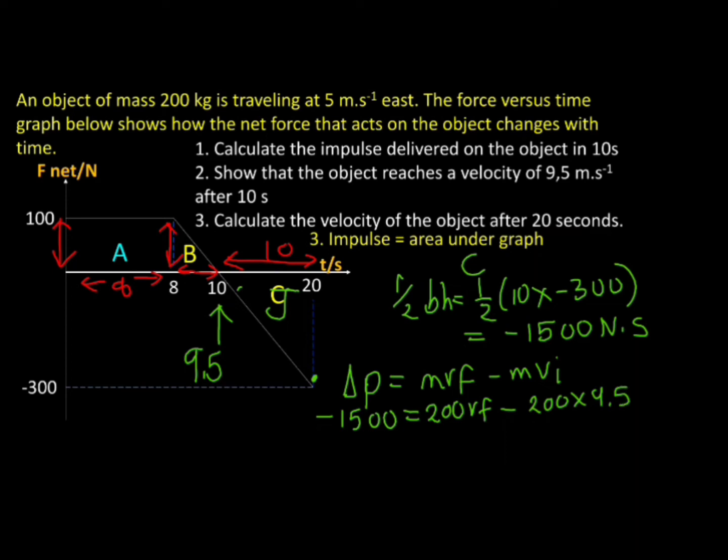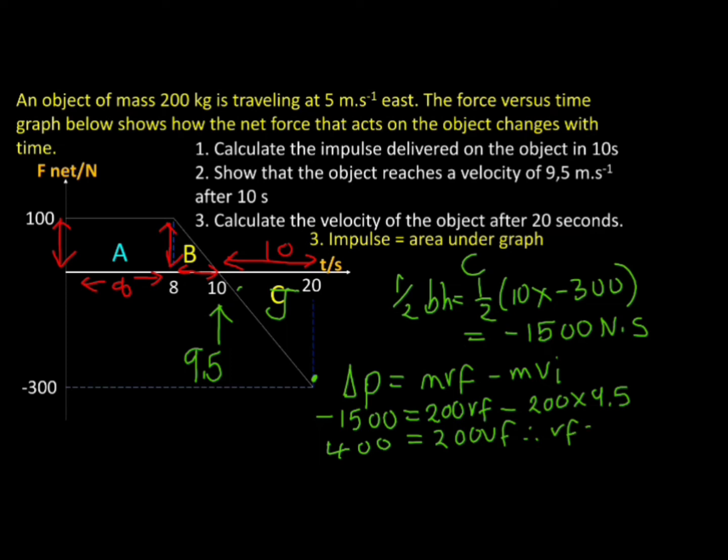If I solve this simple equation again, I'll discover that once I take the 200 times 9,5, this side it comes positive. I'll end up with the same, 400 equals 200 Vf, therefore Vf equals 2.